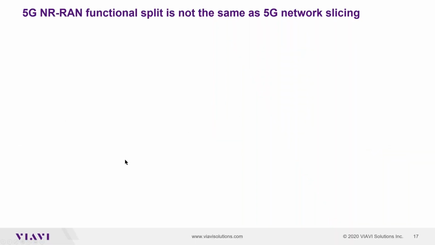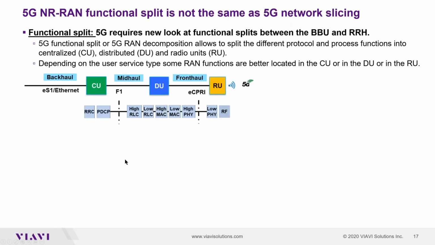Functional split and network slicing. Functional split means we are here in the fronthaul, mid-haul area, with the centralized unit, distributed unit, and radio unit. These blocks with the short forms are all the protocols, the whole protocol stack needed to get the user data encoded in the packets so that the radio unit can make the right frequency and add the right data for that mobile, which is at the moment, let's say, web browsing on the internet.